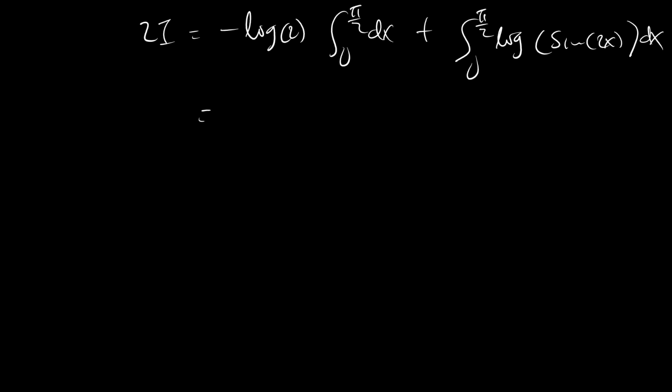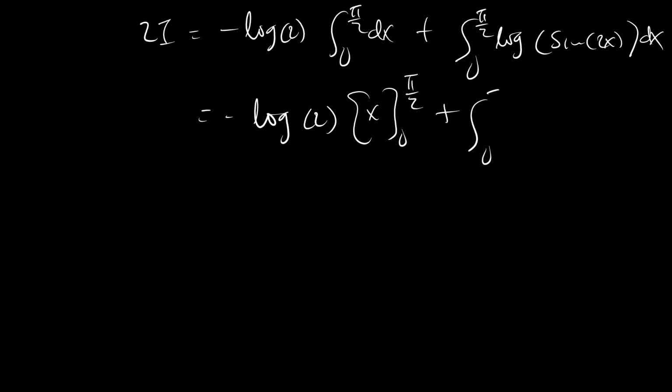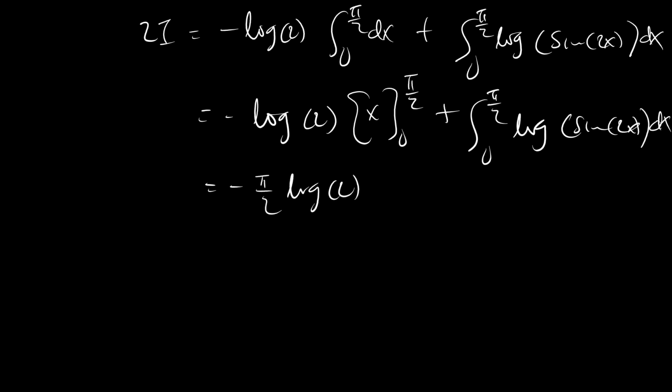So here we see that this is just going to be equal to log of 2 times x from 0 to pi over 2, plus the integral from 0 to pi over 2 of log of sine of 2x, which is negative pi over 2 log of 2 plus the integral from 0 to pi over 2 of log of sine of 2x.